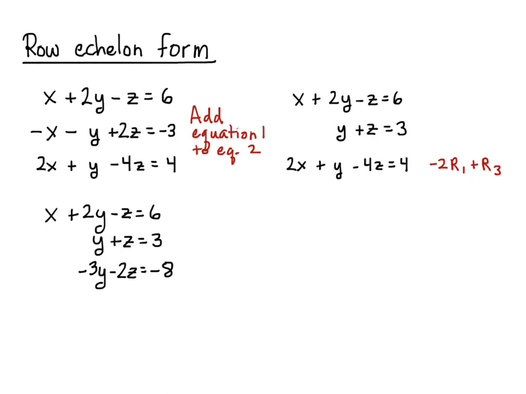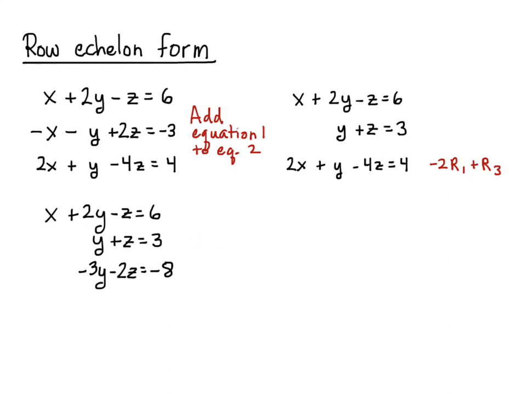And then I'm going to take my -z times negative 2, which will make a positive 2. Add 2 to negative 4, and so this coefficient is going to be now negative 2. And the last one then, I'm going to take my 6, multiply it by negative 2, and I get negative 12, and add 4 to it, and so I get negative 8.